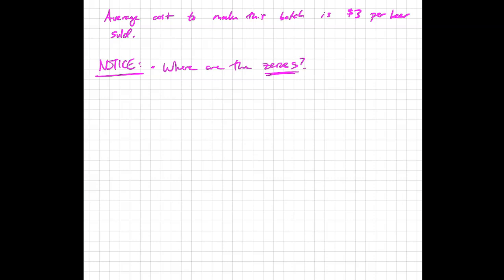Well, the zeros of this function, A of b, which is 800 minus 5b over b. Anything that drives this ratio to 0 is going to come from the top. And so what we would do is set 800 minus 5b equal to 0 and solve.